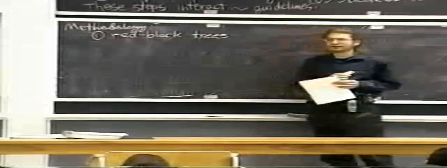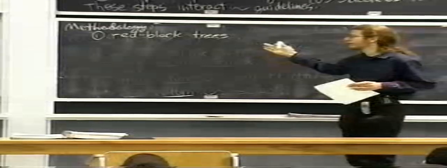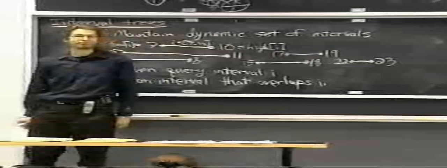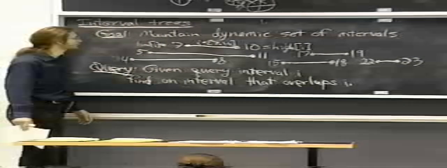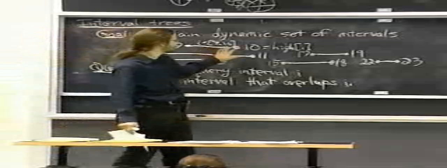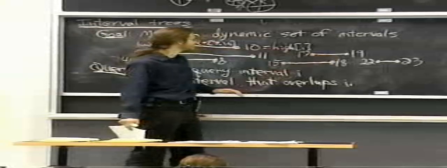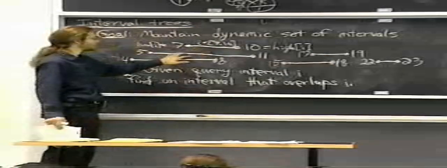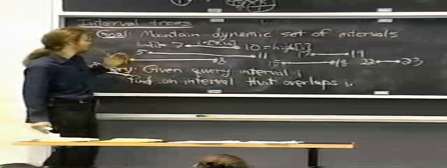Red-black trees need a notion of order, right? So that's cool. I mean, red-black trees will support insertions and deletions. If I want some kind of useful binary search tree structure, the things I'm inserting have to be ordered. But intervals are not ordered, obviously, right? It's clear that 7,10 comes before 17,19. But for something like 7,10 versus 5,11, I don't know.